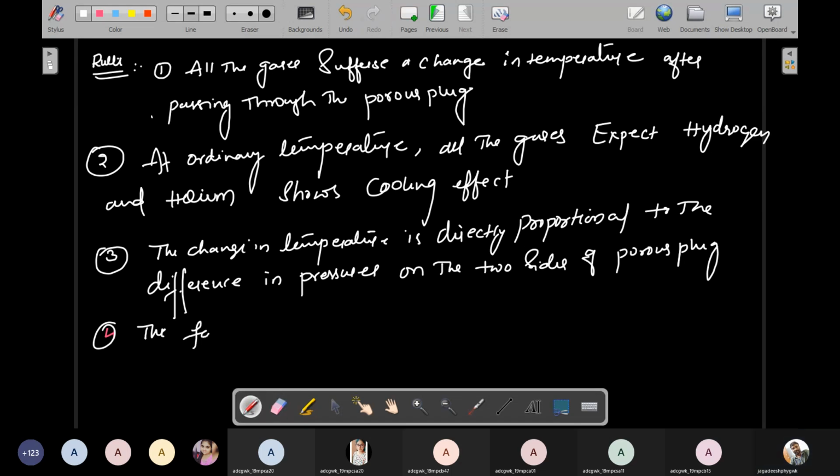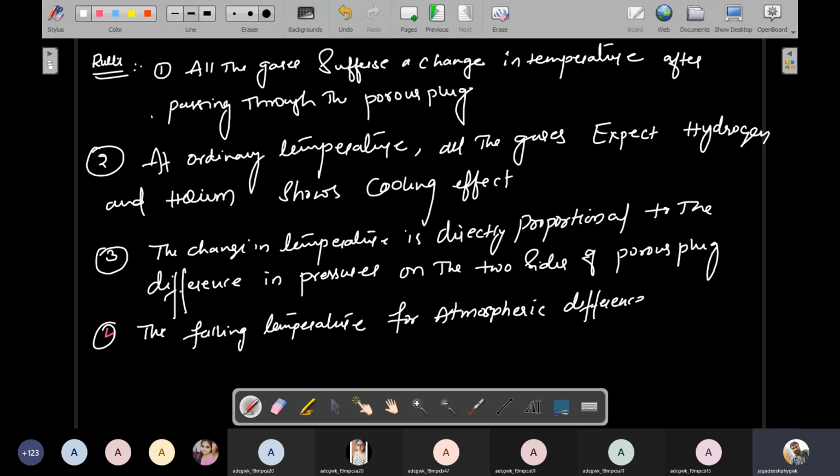The falling temperature for atmospheric difference of the gases is raised.